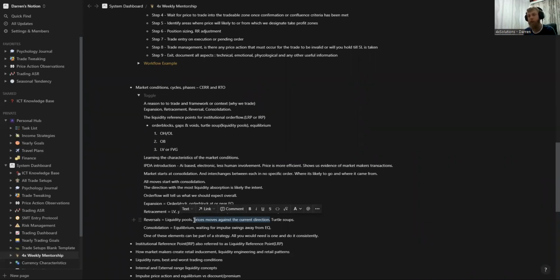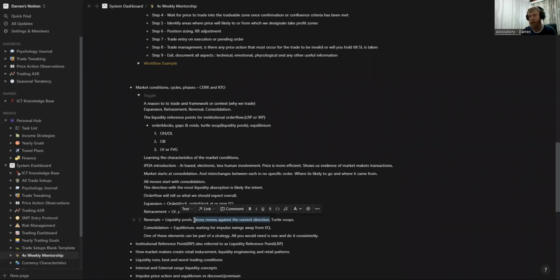That pool of liquidity is really where it's targeting, and when it reaches into that liquidity pool, that's where the reversals will likely take place, aka turtle soup territory. Turtle soup is basically just a fake move below an old low or above an old high, and then price reverses above that old high or below that old low. That is what we refer to as a turtle soup.